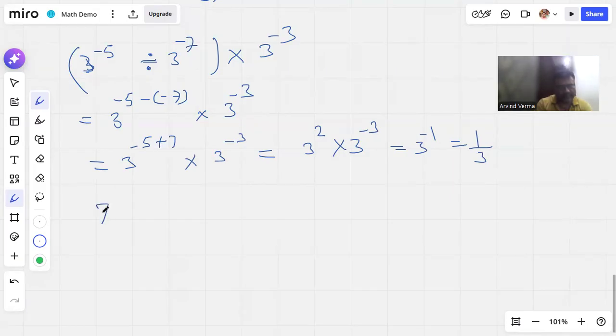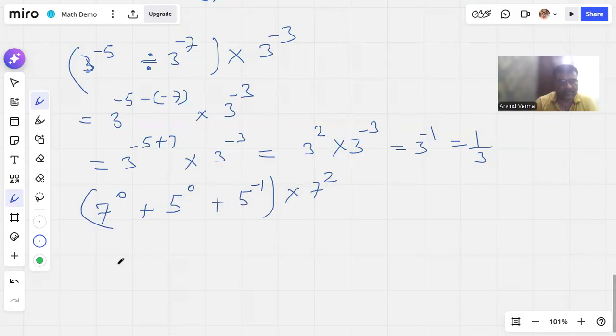Now take another example. 7 raised to the power 0 plus 5 raised to the power 0 plus 5 raised to the power minus 1 into, let's say, 7 square. Now we know any number except 0 raised to the power 0 is 1.